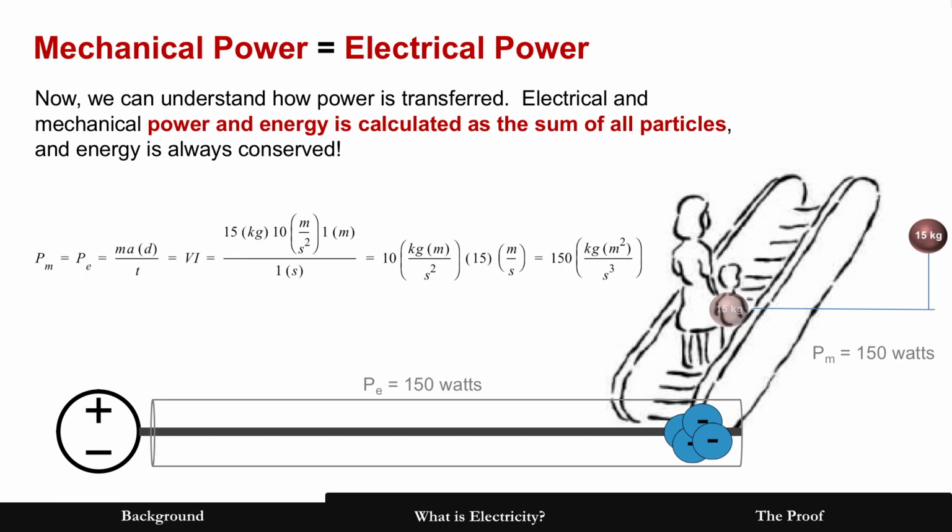And why? Because we thought of it as the motion of a single particle and expanded it out, in the case of electrical power, for the motion of a number of different electrons running through a wire, and then acting on more particles, which are essentially building atoms, forcing a body such as that boy who's 15 kilograms up. And that's how it works.